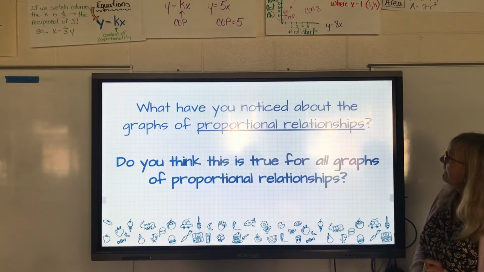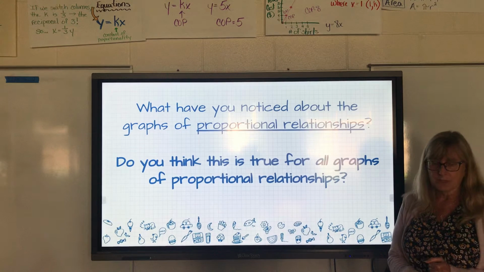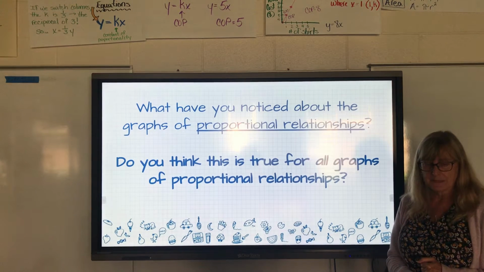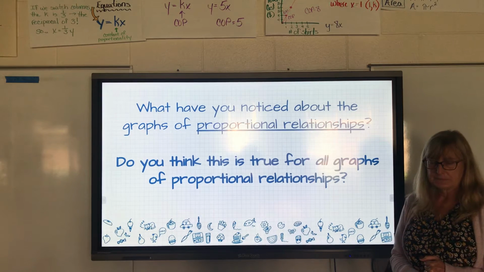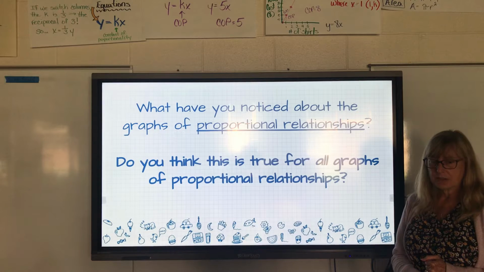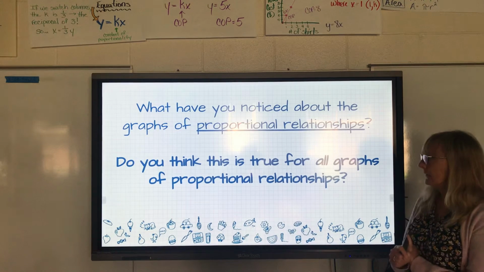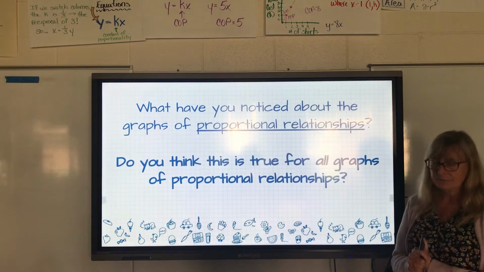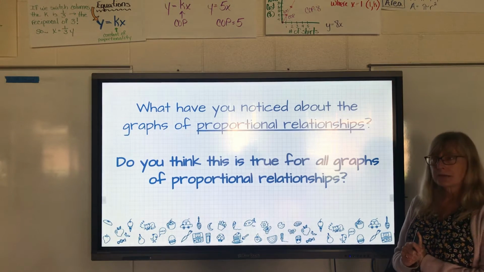Okay. What have you noticed about the graphs of proportional relationships? What did you notice when we did the activities? They make a straight line. It made a straight line, and we call that linear. What else? The t-shirt problem. What else did that graph look like?